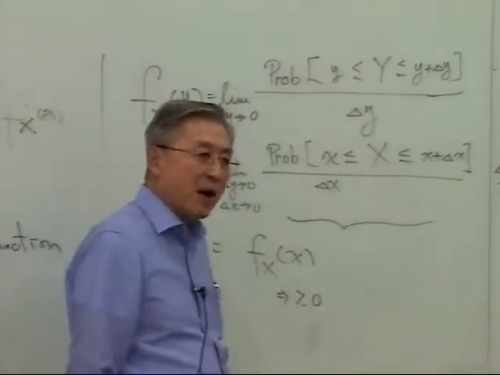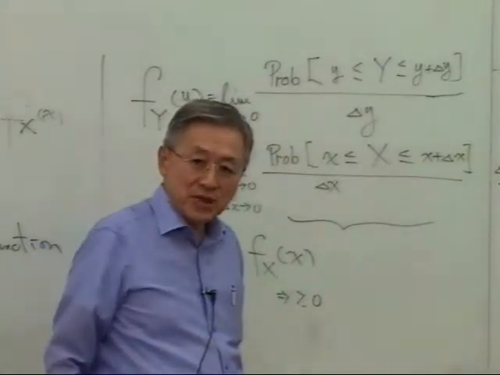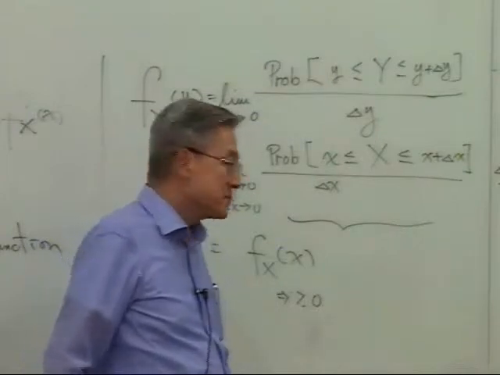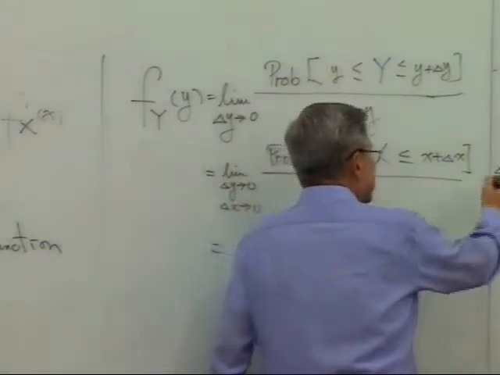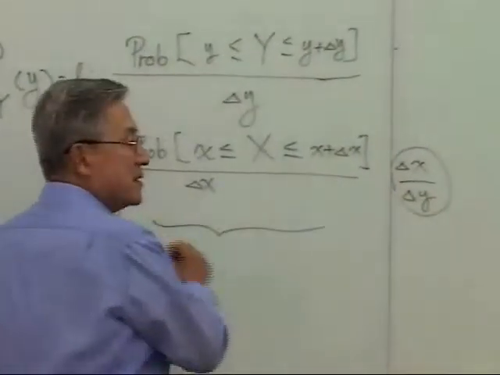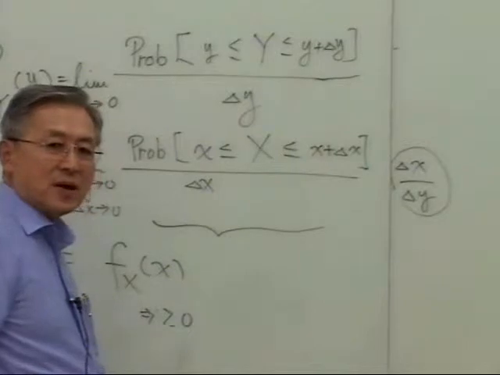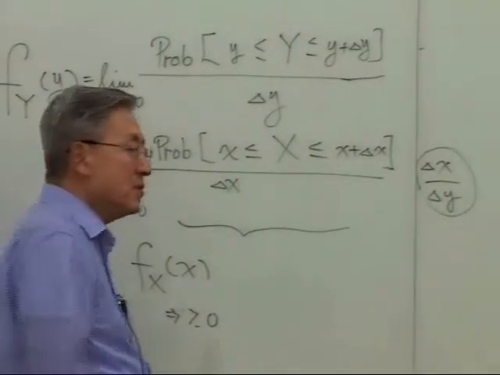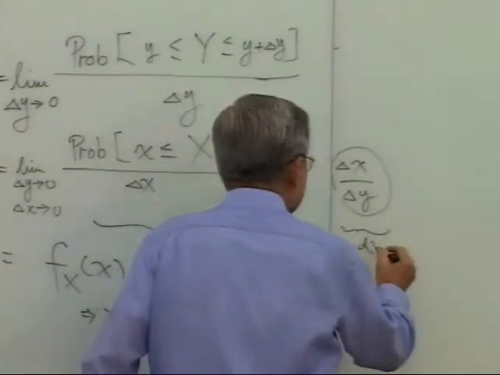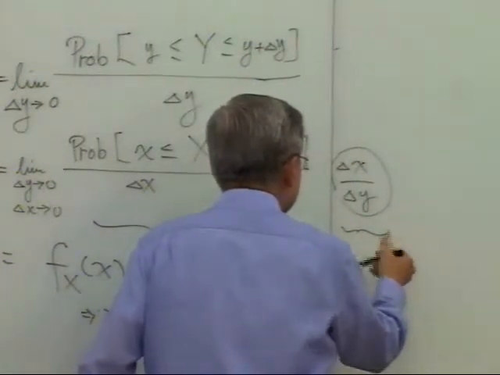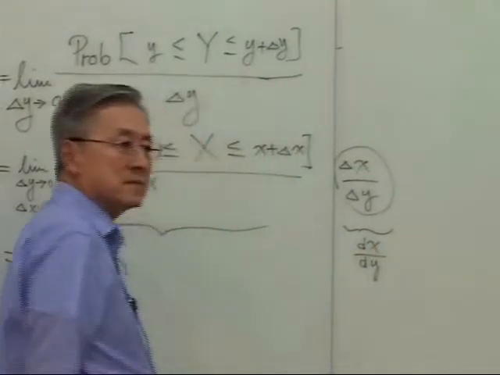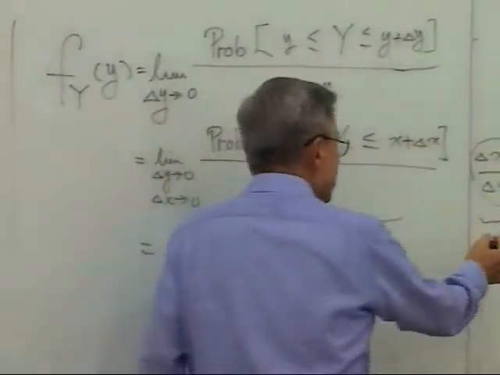It's always positive, the amplitude of the graph. And when you take the limit as delta x and delta y approach 0, this will approach dx/dy.